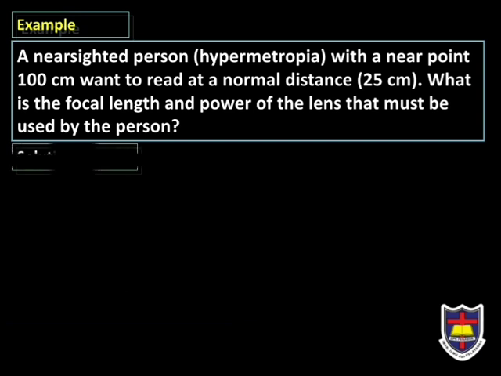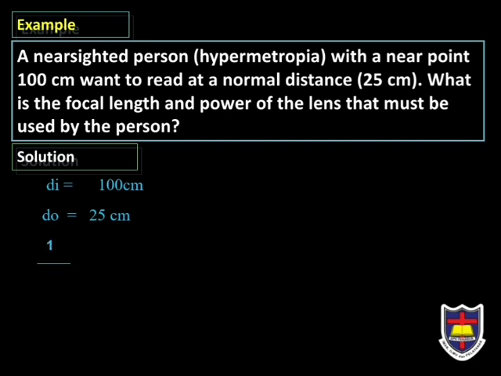A farsighted person, or hypermetropia, with a near point of 100 cm wants to read at a normal distance, that is 25 cm. What is the focal length and the power of lens that must be used by the person? This is the solution. DI equals minus 100 cm, DO equals 25 cm.